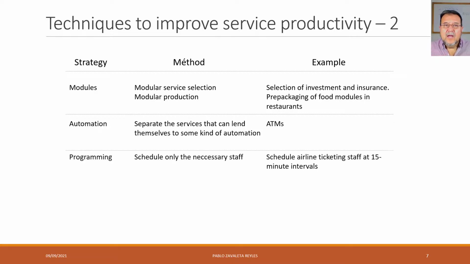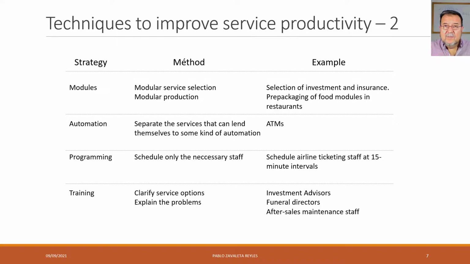Then we can do scheduling, for example. In the case of an airport, you just schedule the staff to work at a certain time period, when the plane will be preparing to leave or when the plane is arriving, whatever. Then we have training.